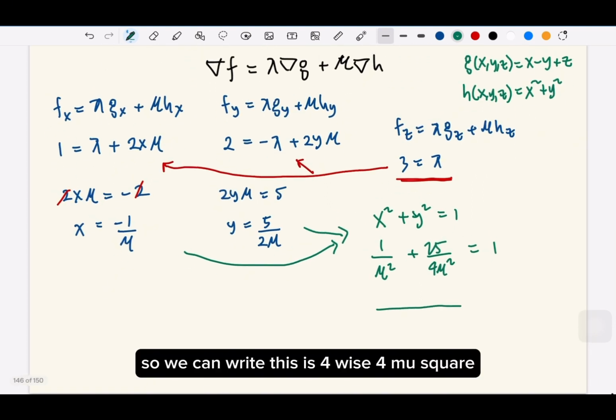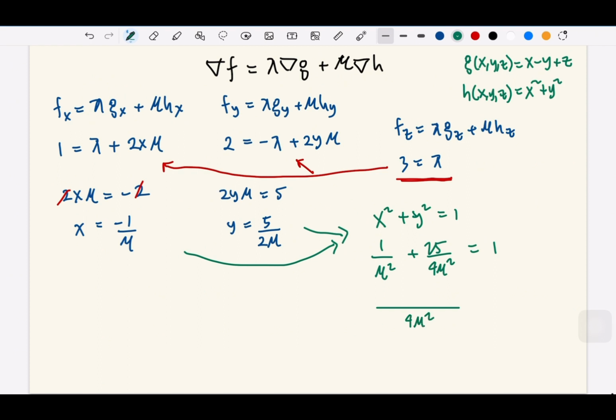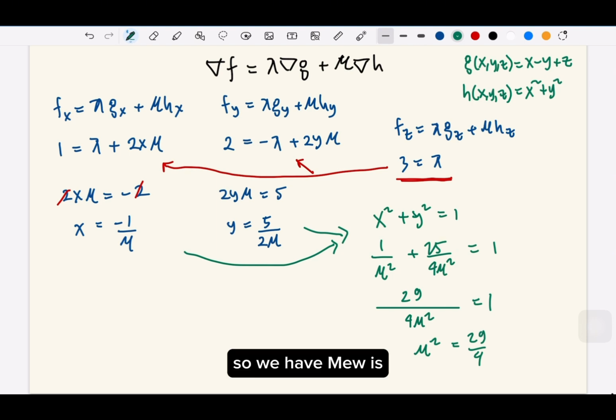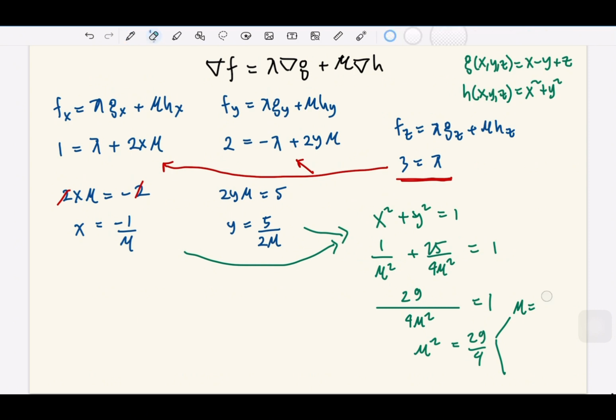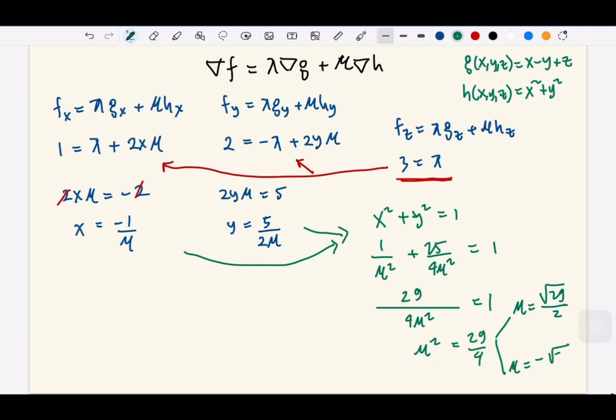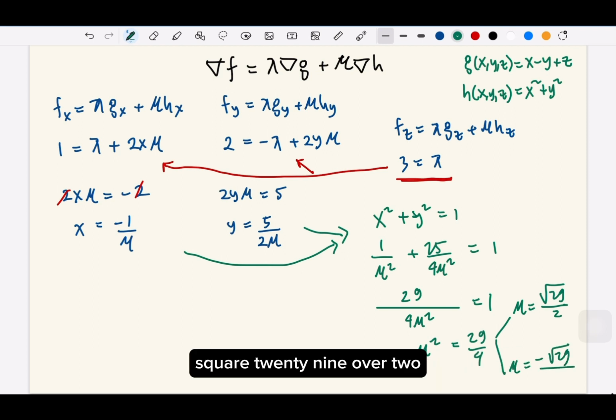So we can write this as 4 mu squared, this will be 29. So mu squared will be 29 over 4. So we have mu is square root 29 over 2, or we have negative square root 29 over 2.